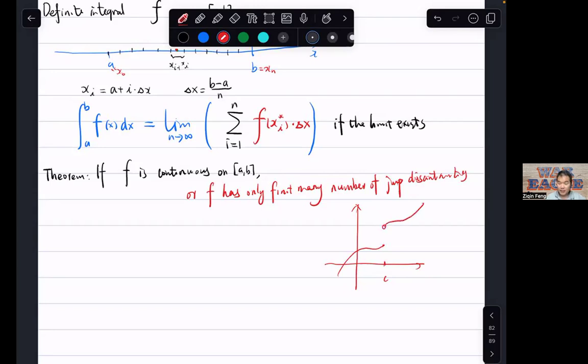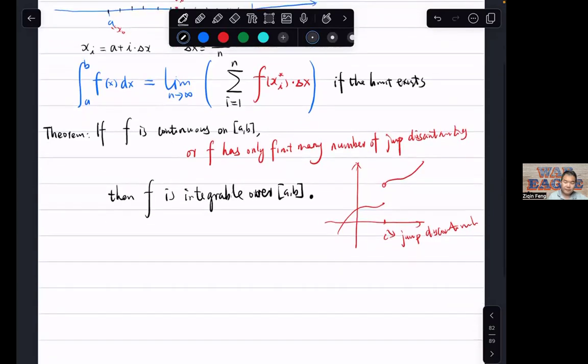So c here is a jump discontinuity, and you only have finitely many of them. Then our conclusion is that f is integrable, which means the limit exists as a finite number over the interval a b.